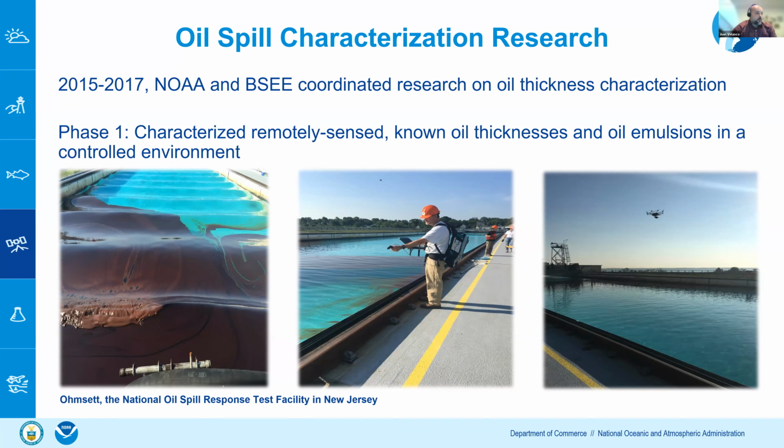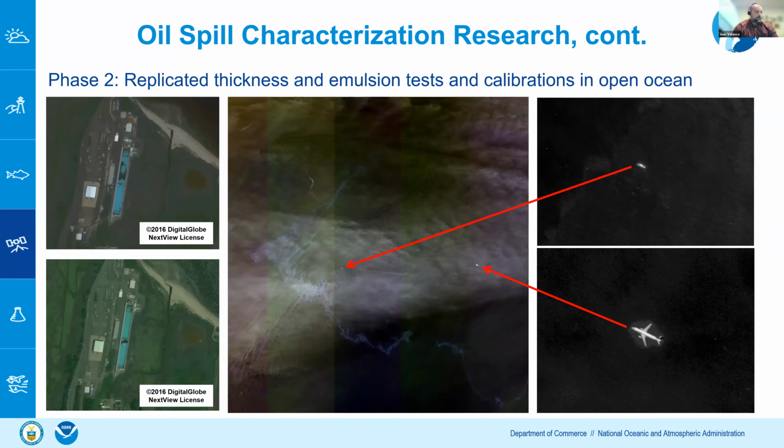SAB assisted by coordinating the collection of high resolution data such as WorldView-2 and WorldView-3 to image Ohmsett at the time of those in situ thickness and emulsion measurements. And phase two replicated those thickness and emulsion measurements at an active spill site in the Gulf of Mexico, so in open ocean water.